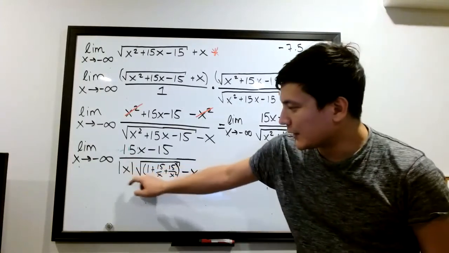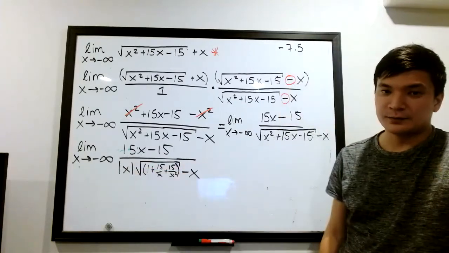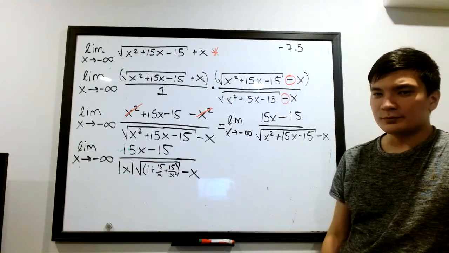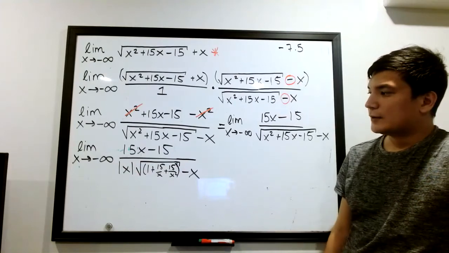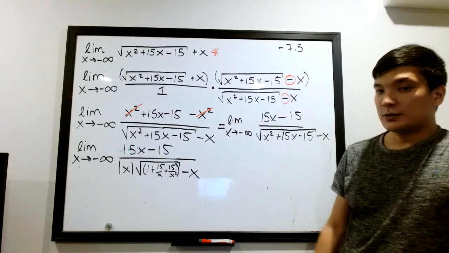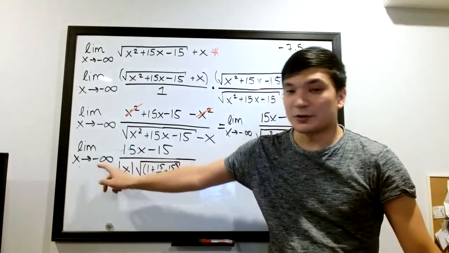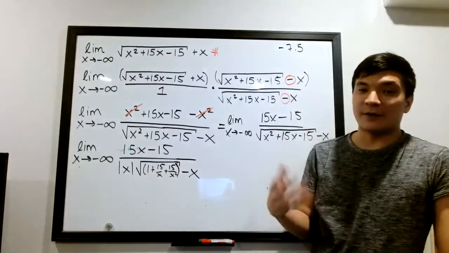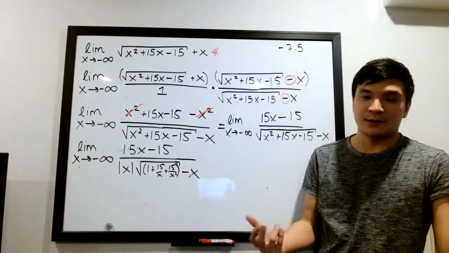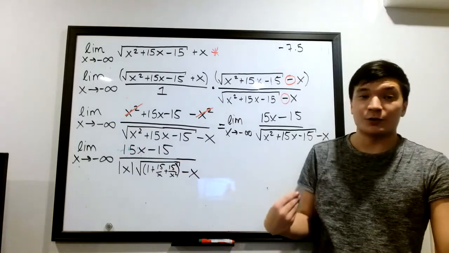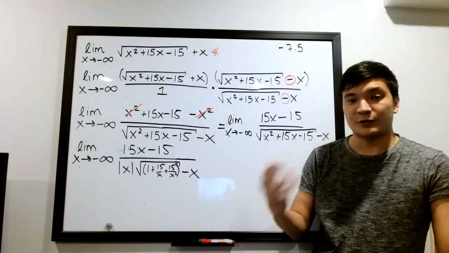Now we want to deal with the absolute value of x. So how do we deal with this? Well, recall that we're evaluating the limit as x approaches negative infinity, right? So we're looking at very, very negative values of x. So what we can do is restrict the domain.